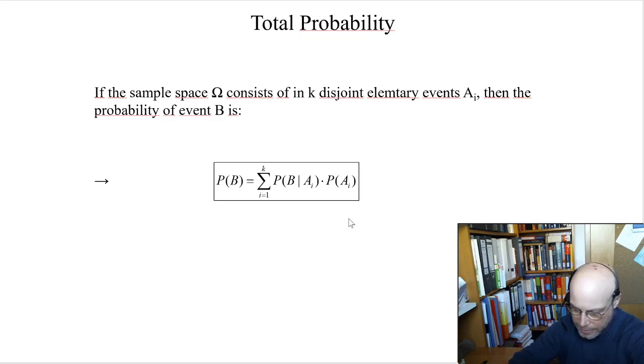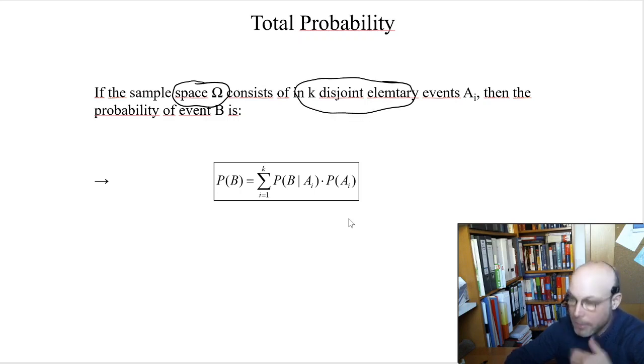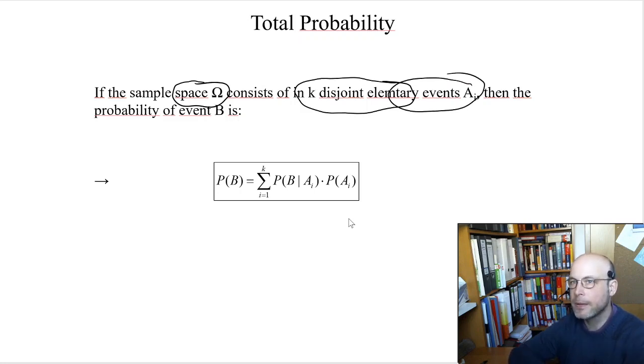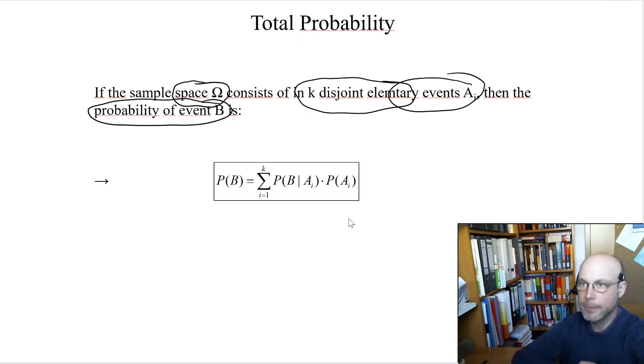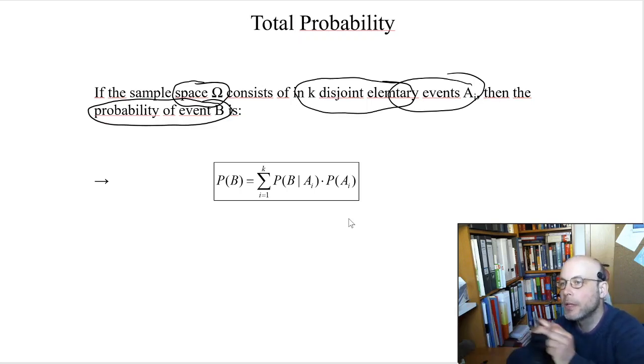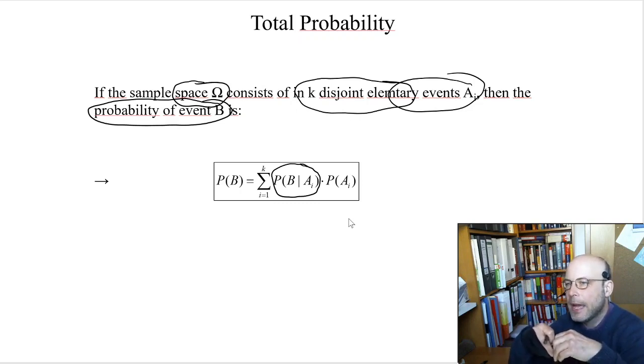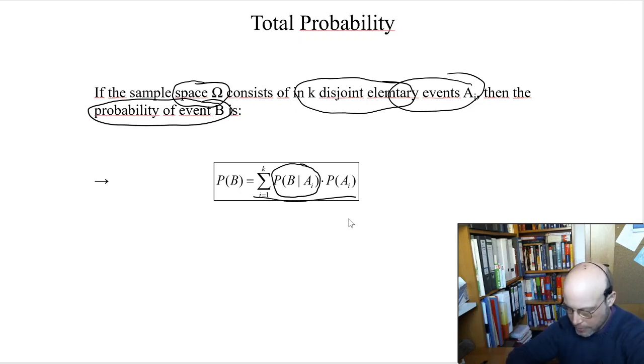And this means, again, if we can divide our sample space into k disjoint, again, this means statistically independent elementary events, then we can calculate the probability of an event B consisting of all these elementary events as the sum over the conditional probability of B given one elementary event A_i times the probability of A_i, and we have to sum all this up.